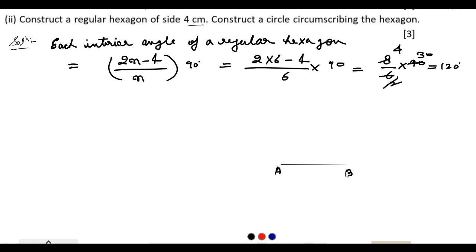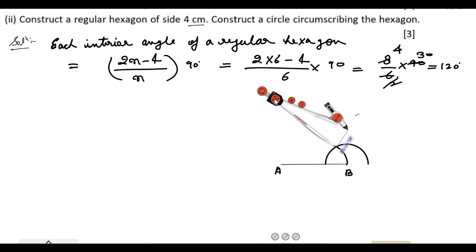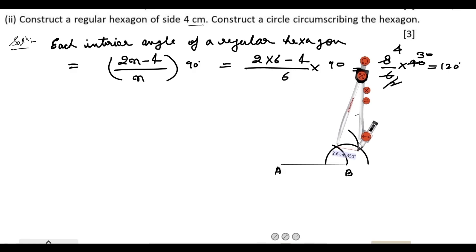Suppose this is AB, then make a 120 degree angle at B and at A. With the help of a compass, this is 60 degrees, this is 120.